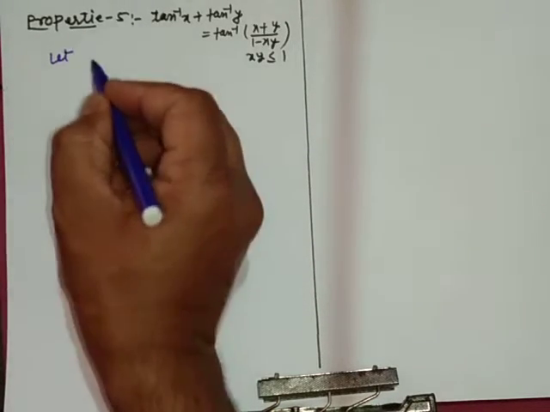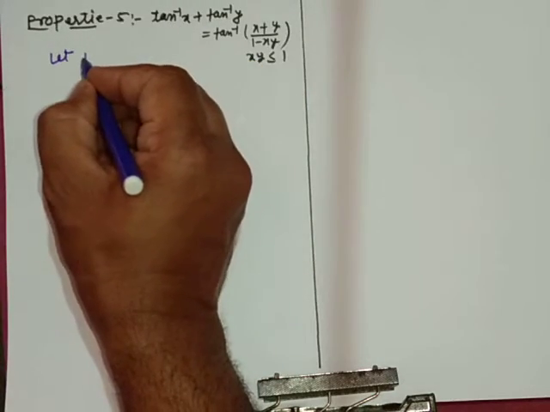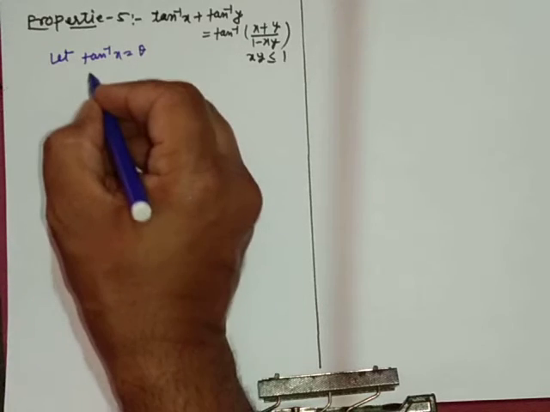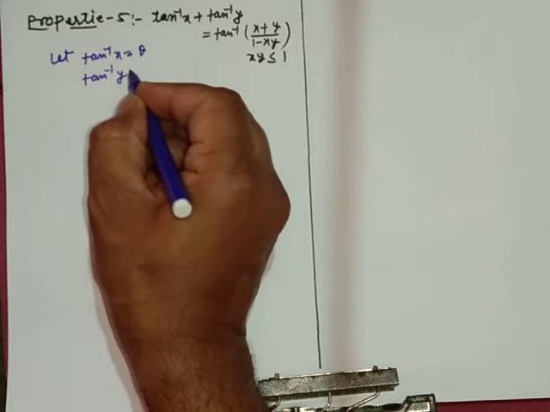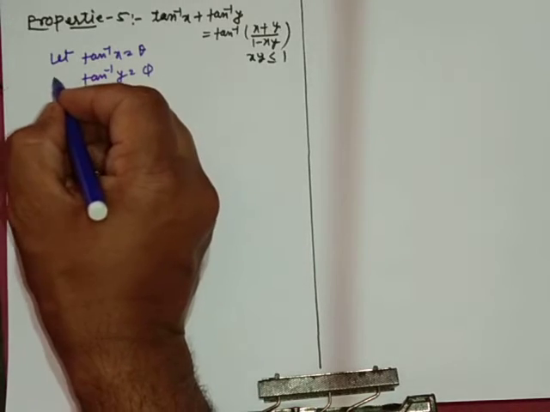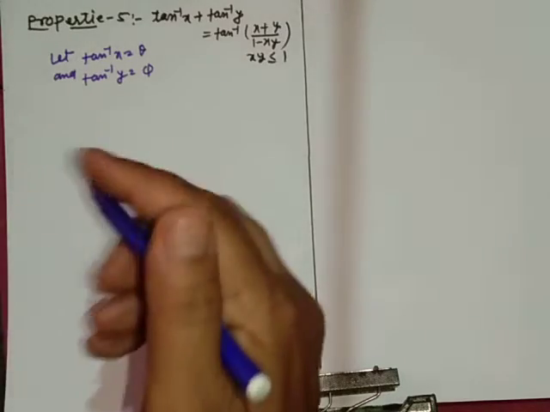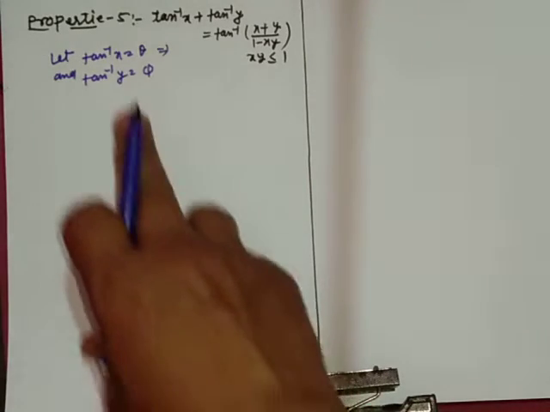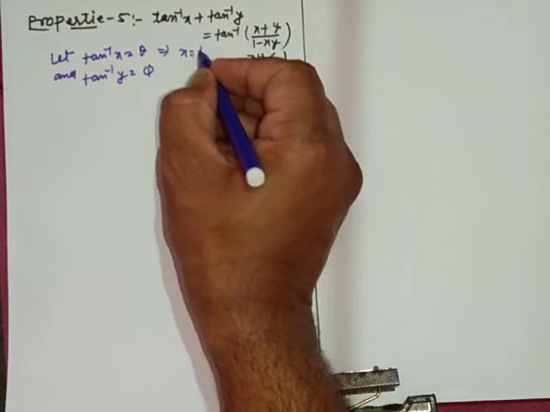Let tan inverse x be equal to theta and tan inverse y be equal to phi. Clear? Okay, so when we use the property of inverse, we can write x is equal to what?